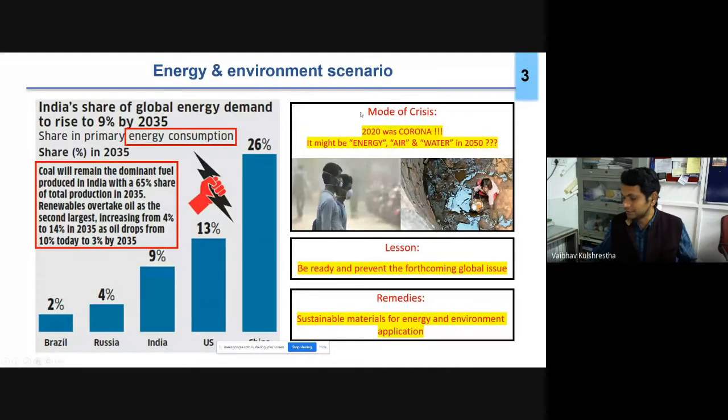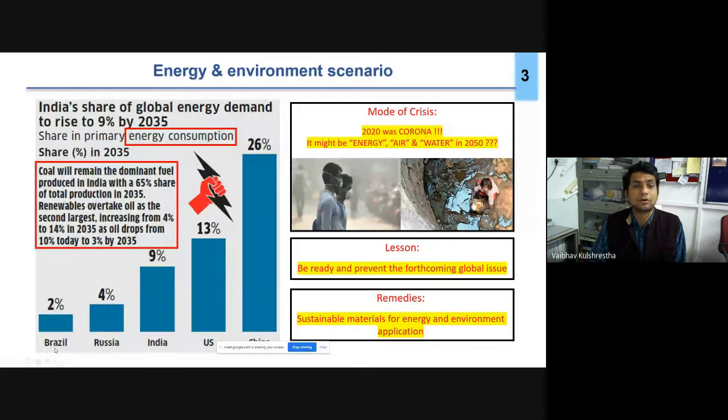So I first cover the energy and environment scenario. Here you can see India's share of global energy demand is set to rise to 9% by 2030. I took this picture from the internet.